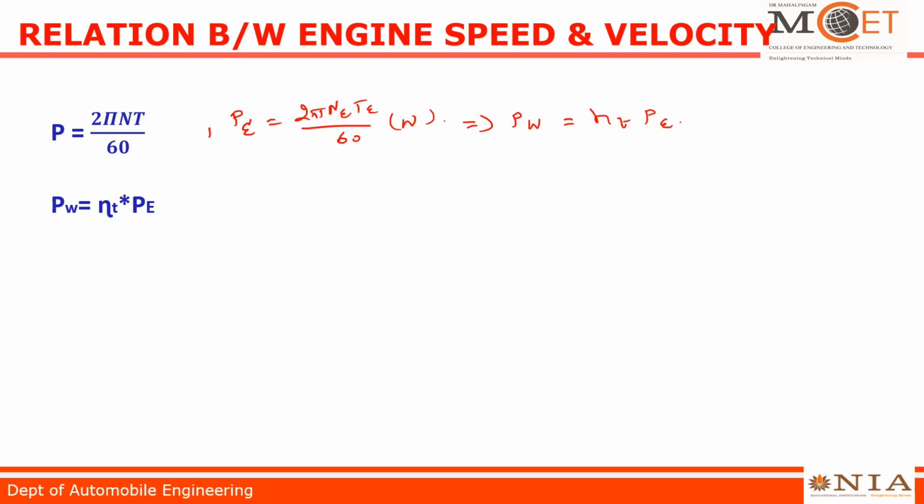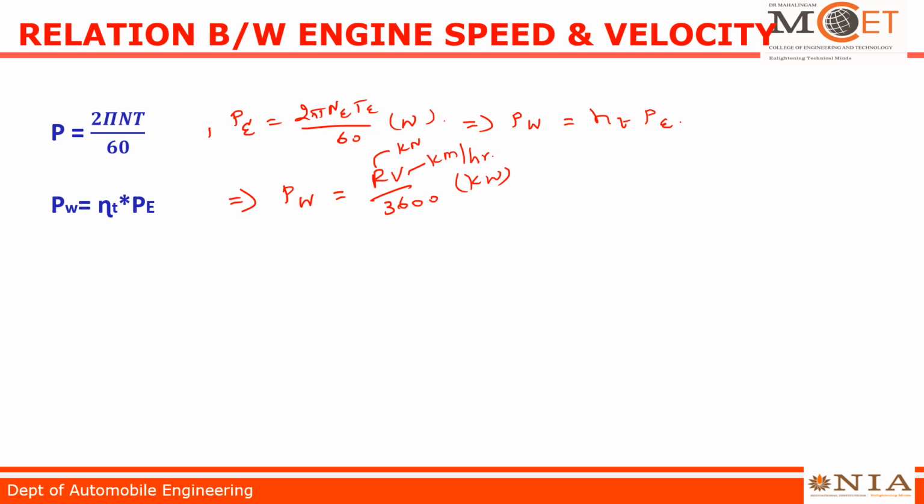And also we have calculated the power available at the wheel, that is the power required to propel the vehicle, equal to RV by 3600 in kilowatts. R must be in kilonewton and V in kilometer per hour. Units are very important for the calculation.